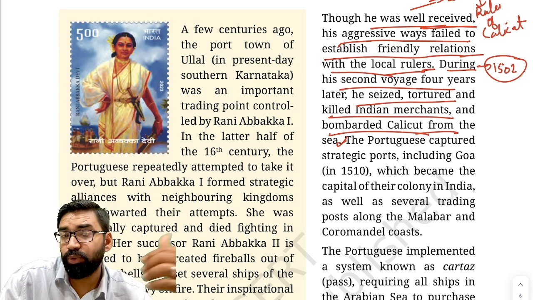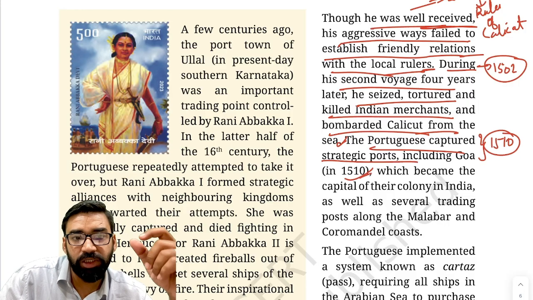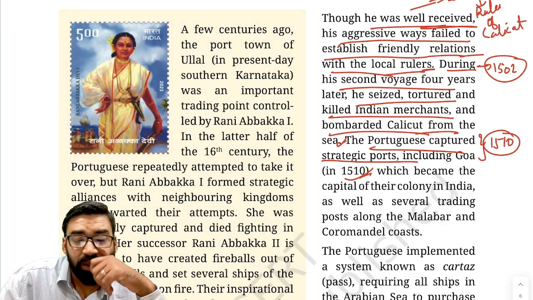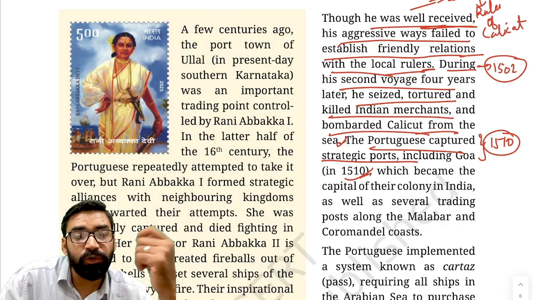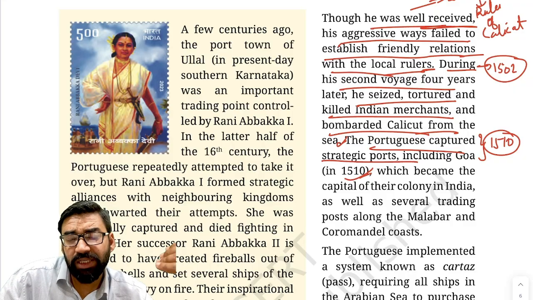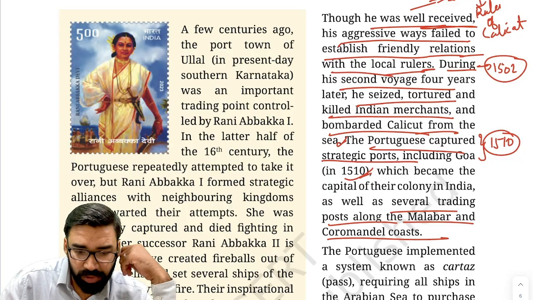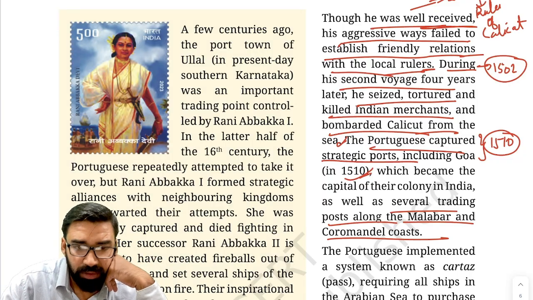Soon after this, the Portuguese started territorial expansion. They captured strategic ports like Goa in 1510, and Goa became the capital of the Portuguese in India. The Portuguese established Goa as well as several other trading posts, the Malabar centers and the Coromandel coast, as their trading posts.